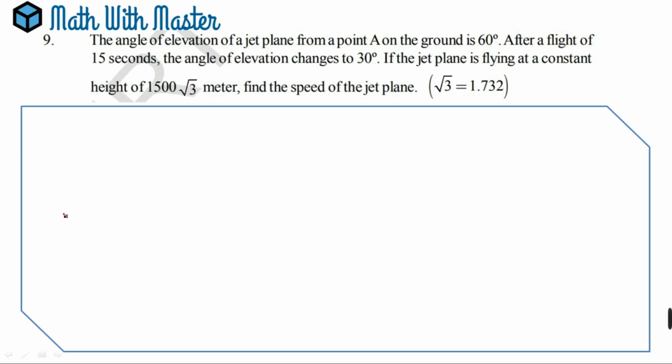So from a point A, the angle of elevation to the jet plane is 60 degrees. They have given the name.